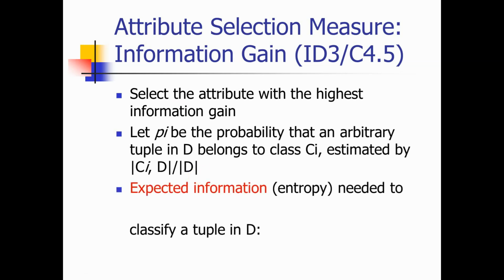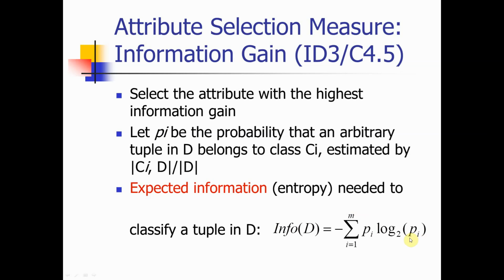Then the expected information, or what we call entropy, is described as follows. The information, or entropy, equals the probability of that value multiplied by log 2 of the same probability. Depending on how many categories you have in that attribute or label, we need to calculate that many times and sum all of those up.